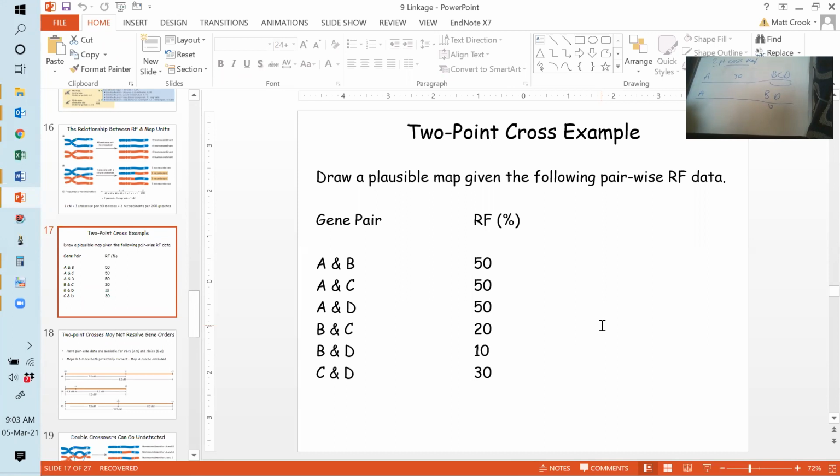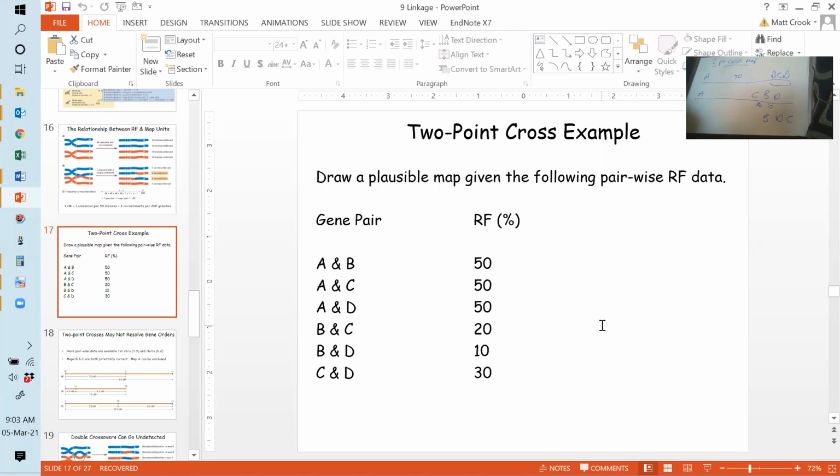Okay, what's the next closest together? Yeah, B and C, right? So now we have an issue, right? Is it this or is it this? Which one of these different combinations is correct?